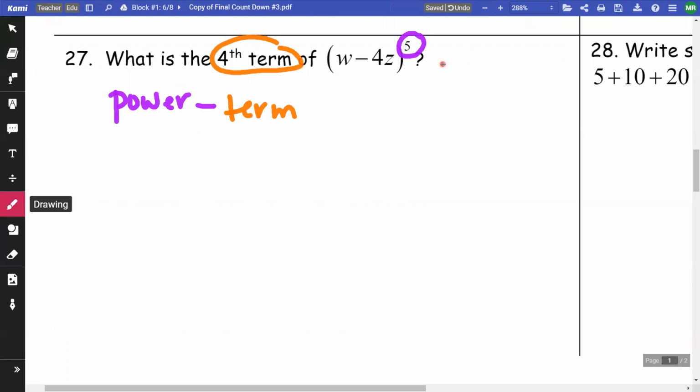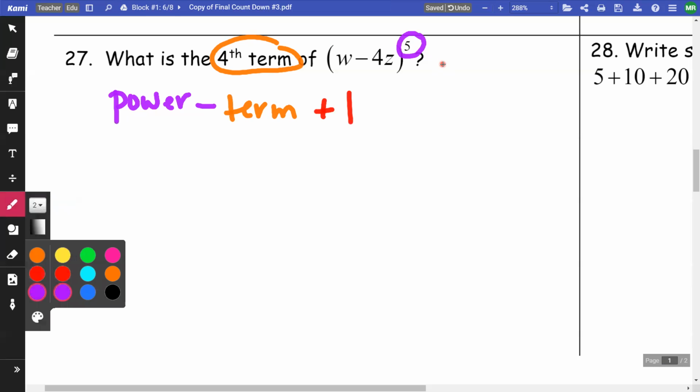And then you're always, always, always going to add 1. So we're going to get 5 minus 4 plus 1. And that is going to give me 2.